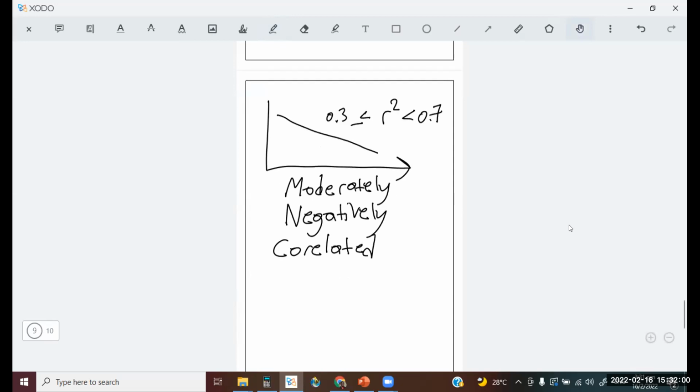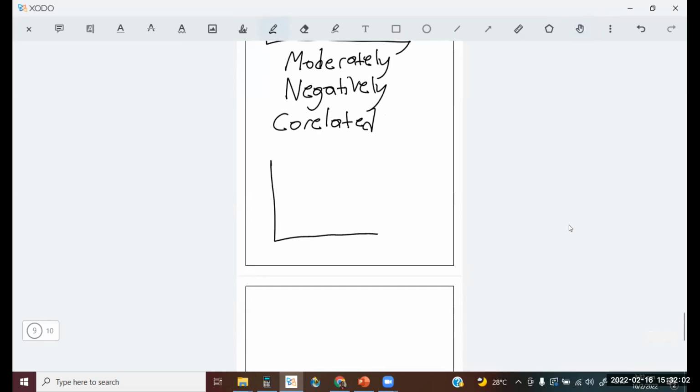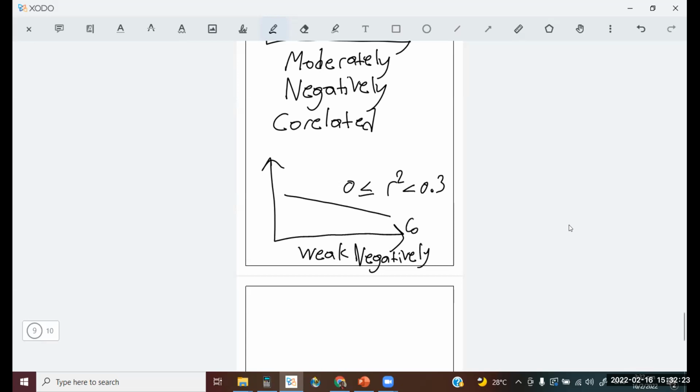And finally, the last one, when R square is between 0.3 and greater than 0, in this case, we say it is weak negatively correlated. And that's it.